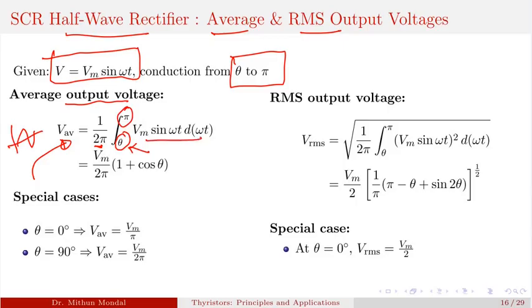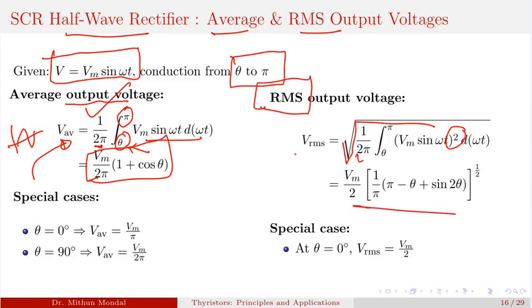If we integrate the input, we get Vm by 2 pi, 1 plus cos theta, for the average output voltage. For RMS, that is the root mean square, we take the root and the mean, and we have the square term here. So we get this value of the RMS voltage.